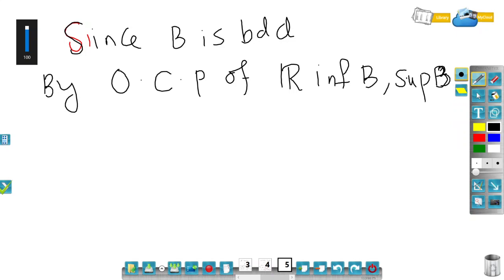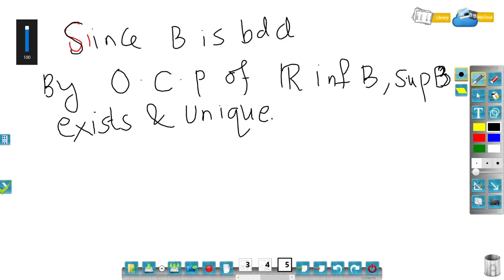Now we have talked about the infimum and supremum of set B.